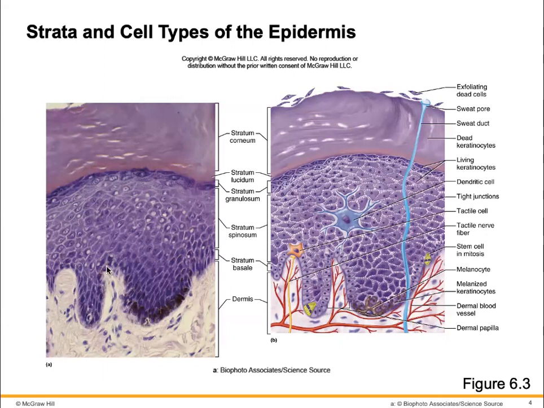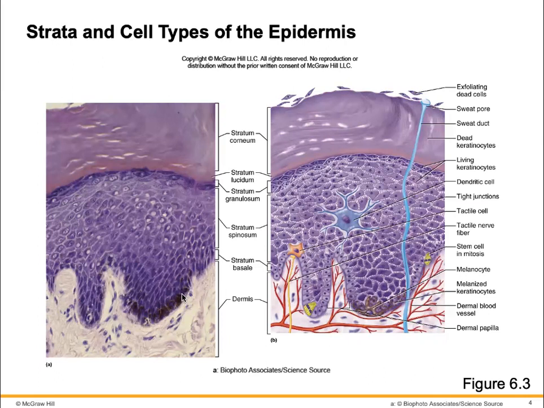Since these are the location of cell division, it's trying to protect those. So skin color is not only genetically based, but also environmentally based. And the only difference between skin appearances is just the amount of melanin, which is a protein that we end up making.